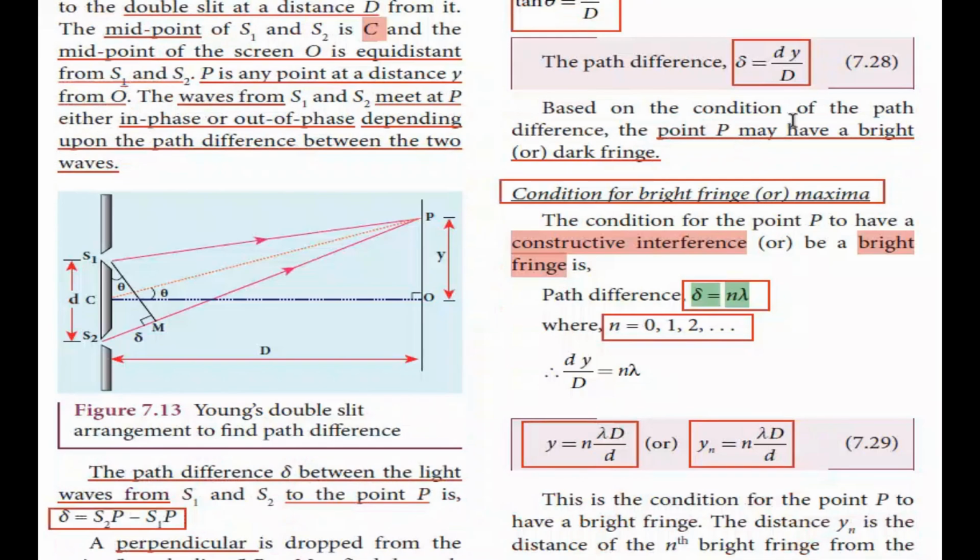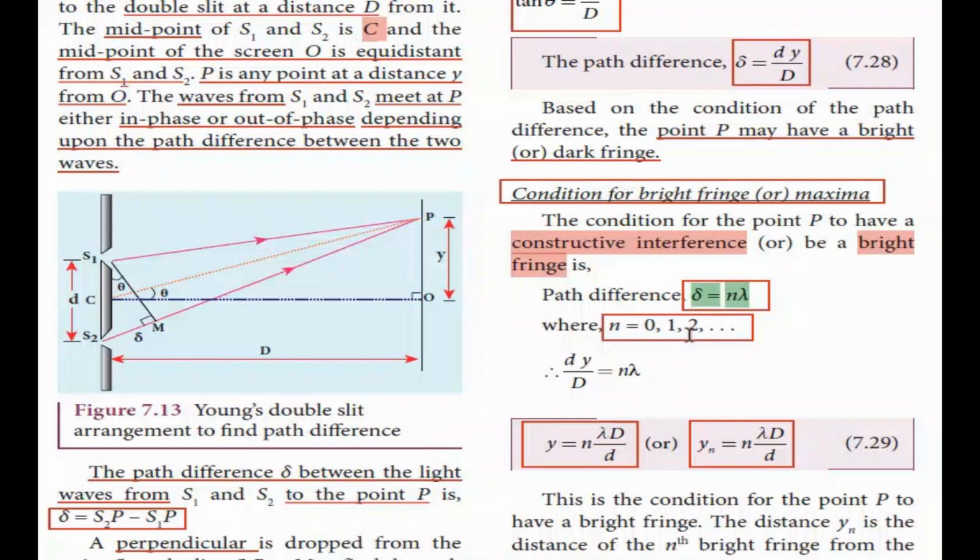Now based on the condition of the path difference, the point P may have a bright fringe or a dark fringe. Let us see the conditions for obtaining a bright fringe, that is called a maximum. The condition for the point P to have constructive interference or be a bright fringe is that the path difference delta equals n lambda, an integral multiple of the wavelength.